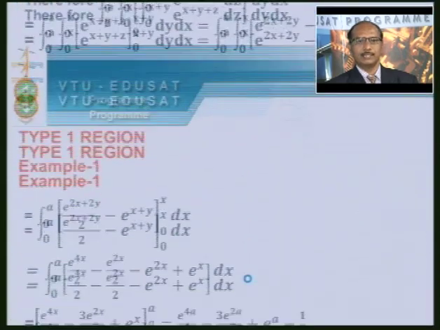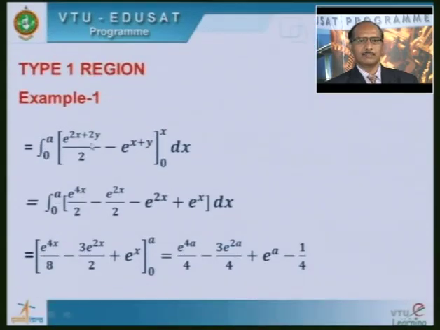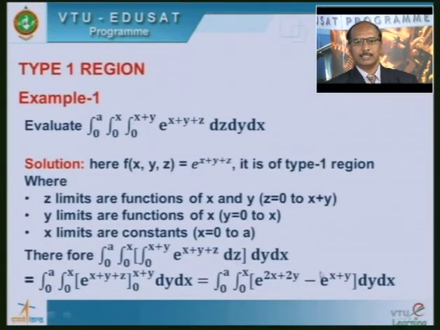So, you can see here e raised to 2x plus 2y divided by 2. 2 is the coefficient of y because it is with respect to y, minus the second term e raised to x plus y divided by coefficient of y. Coefficient of y is 1 here. So, it is same e raised to x plus y because x is kept constant here, only dividing the coefficient of y. So, that e raised to x plus y is e raised to x plus y.